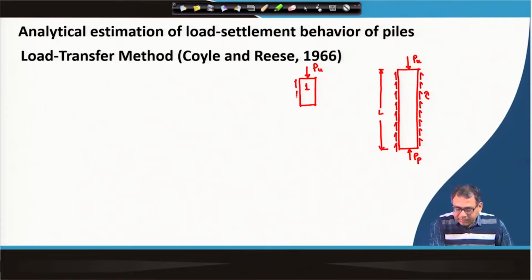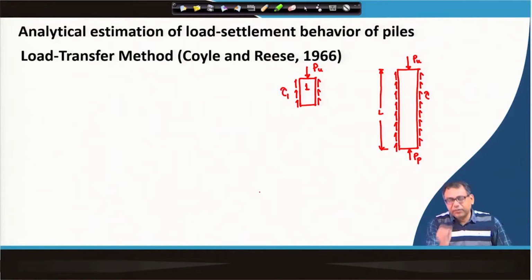In every segment there will be a shear resistance, and that is tau 1 for the first segment. And then we have a reaction at the bottom, that is, say, P2.